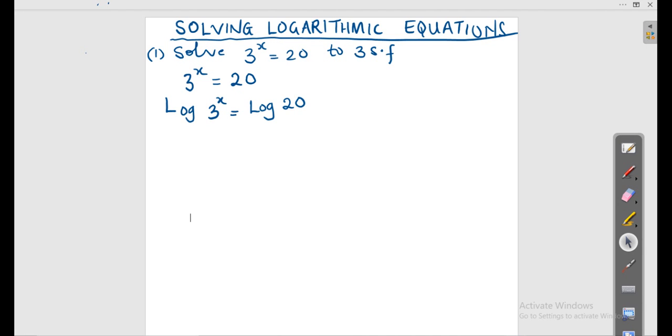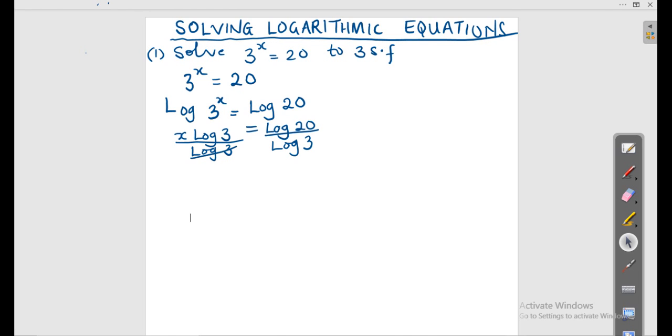Because we have a power, and from the law, it changes to a multiplier. So we get x log 3 equals log 20. So that gives me divided by log 3, divided by log 3.